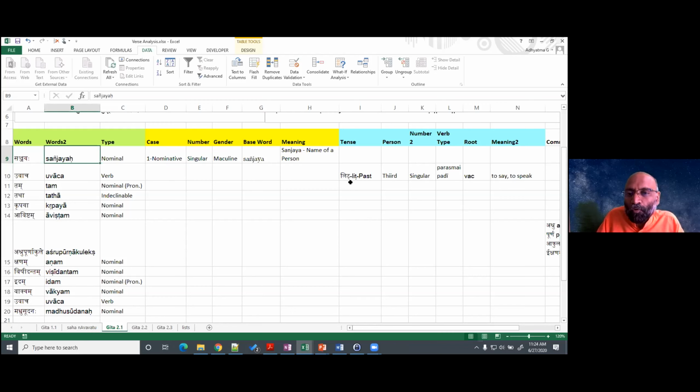So Sanjaya spoke, because it is the past tense and it's a singular. Parasmaipadi or atmanepadi does not change the meaning. It is just to indicate how the form has come about. So literally, Sanjaya uvacha would mean Sanjaya spoke, because it's a past tense verb. So it's simple. When you can break the words, and understand that the sentence includes one verb form, it becomes easier to understand the meaning of the sentence.